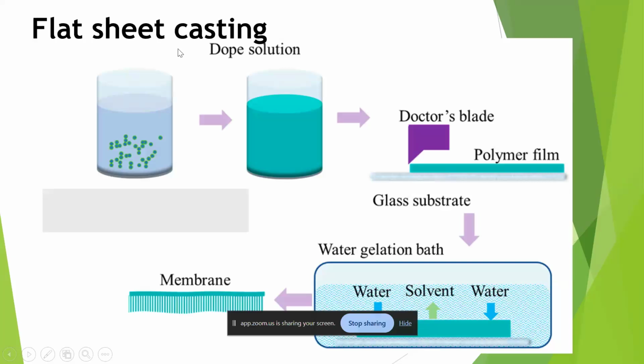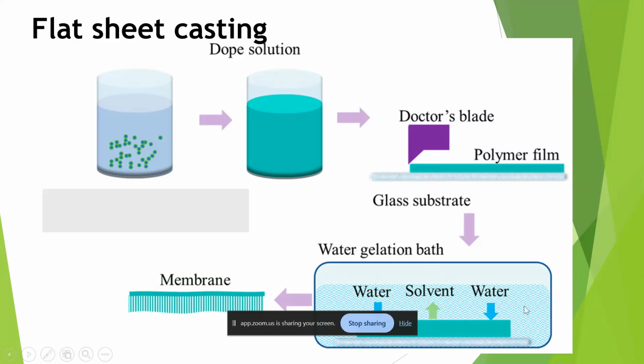So this is the flat sheet casting, the simple method. As I was telling at the starting stage itself, in order to make a flat sheet, after making the dope solution, the polymer solution, and pouring it on the doctor's blade glass substrate, different methods can be adopted. One is keeping it in the open to dry by itself, or we can use another method called non-solvent induced phase separation.